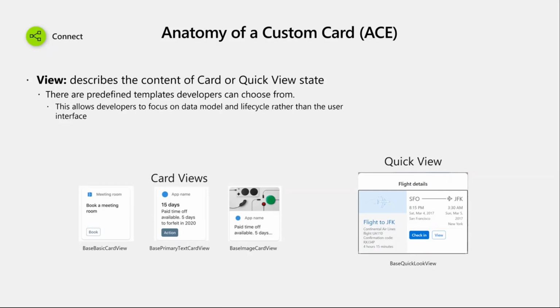And what I mean by that is that, especially for the card, although the card itself is using adaptive card behind the scenes to render, for the card we are not providing the ability to the developer to build the full adaptive card JSON.